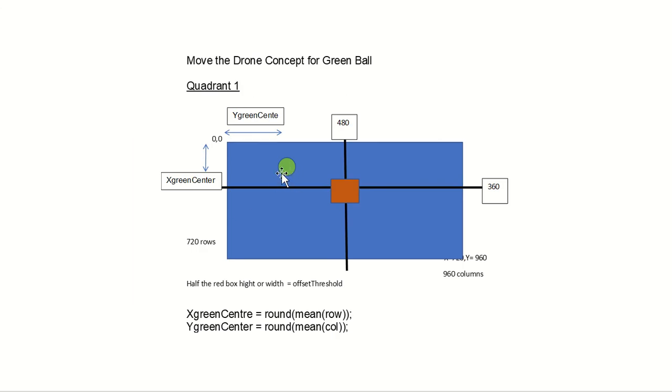The thinking behind this was that if the green dot was there, and this is your drone, it needs to move up and to the left. So it took the worst ones. Say this was bigger than this, it would then move the drone left, going to do one movement at a time, and then having got to it, then it would move up.